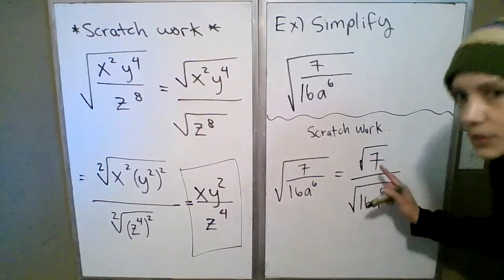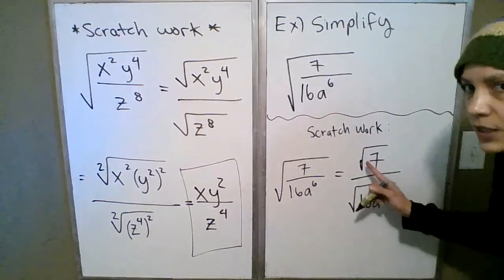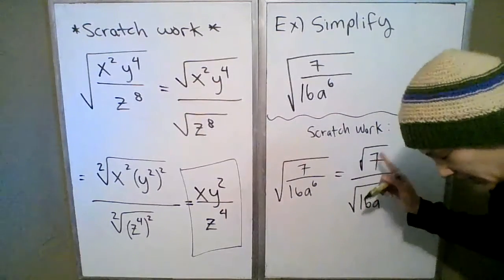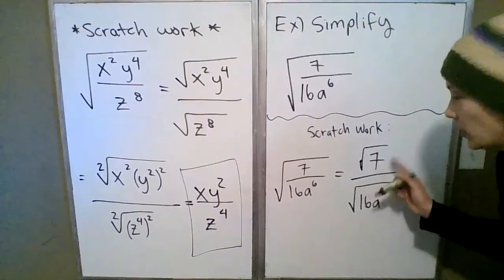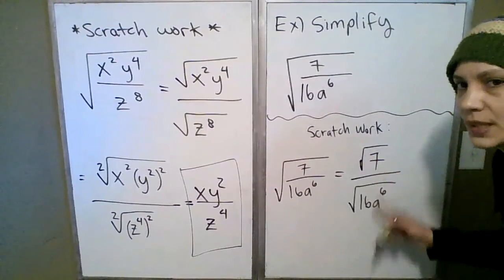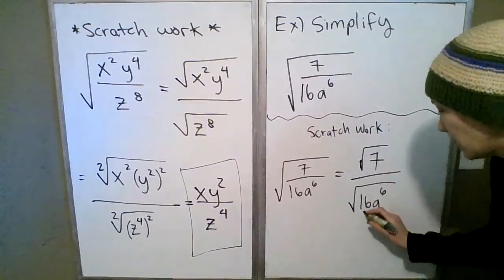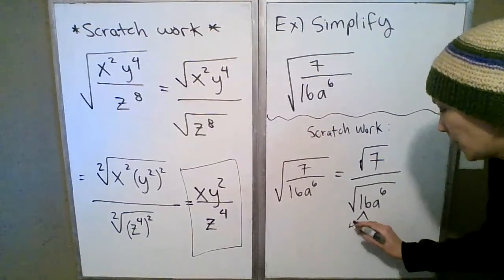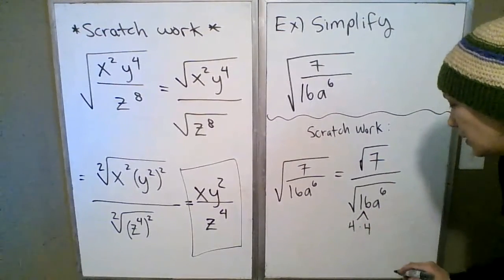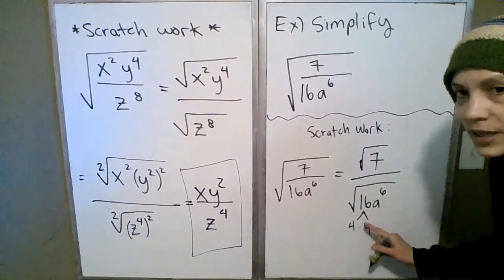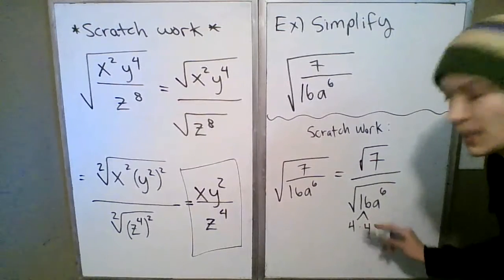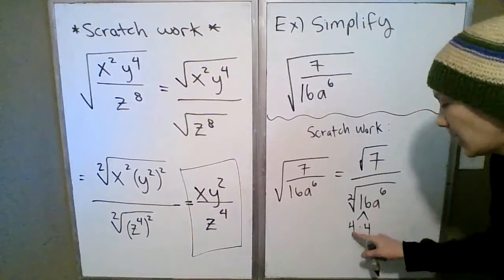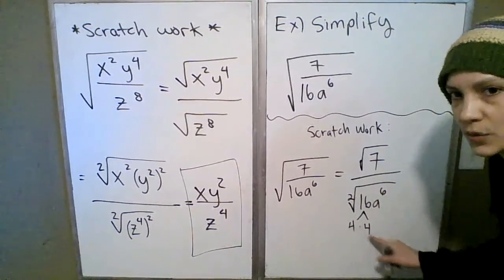Okay, so 7 is fully factored, and you can't simplify the root of 7 any further. So this numerator is going to stay like that. For 16, we can factor that part as 4 times 4, and I want an exponent that matches my root of 2. So I'm going to stay here with 16 as 4 squared.